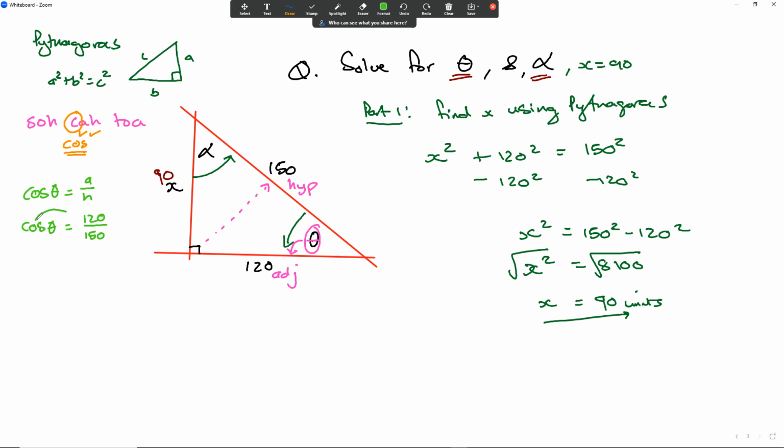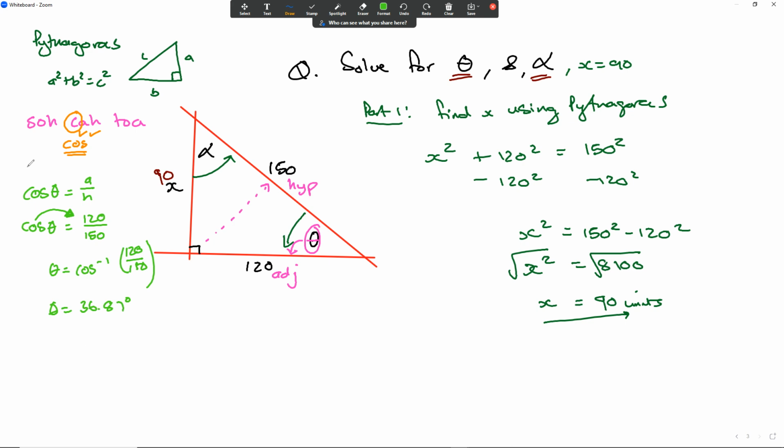And we're going to now move cos onto the other side using shift on my calculator, open brackets, fraction button, 150 in the denominator, 120 in the numerator. So 120 at the top, 150 at the bottom, close your bracket, comes to 36.87 degrees, and that's going to be my angle theta.